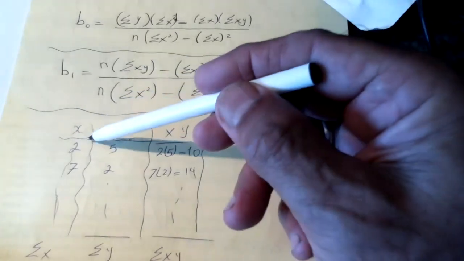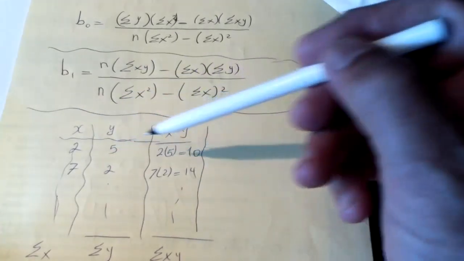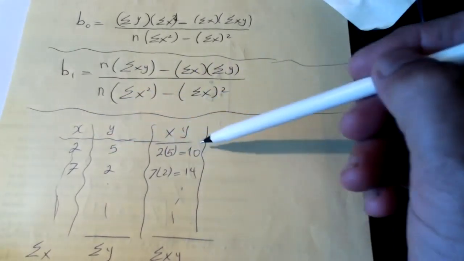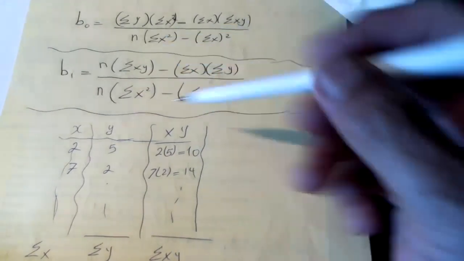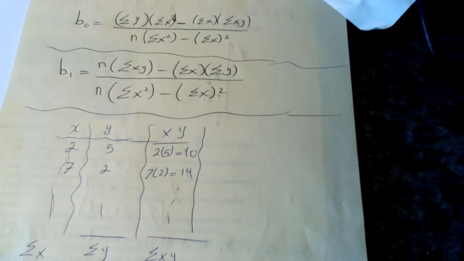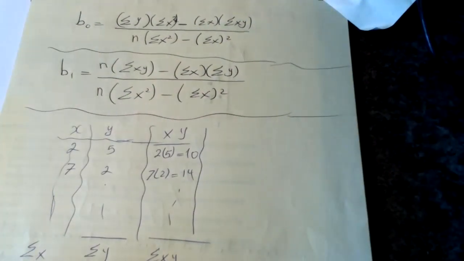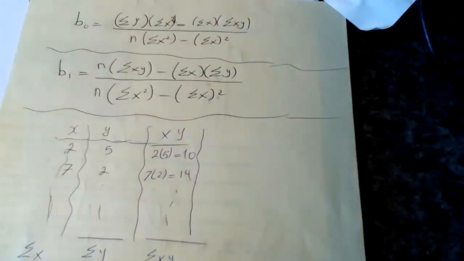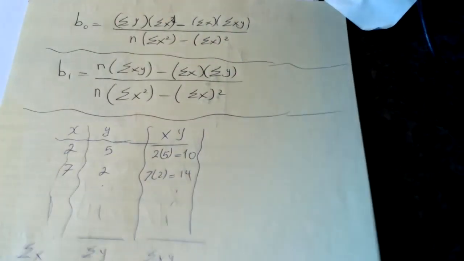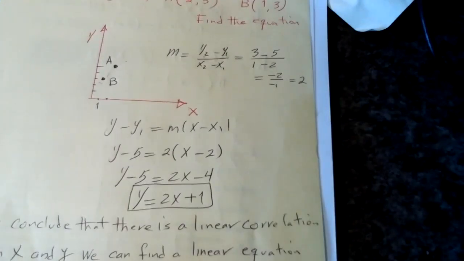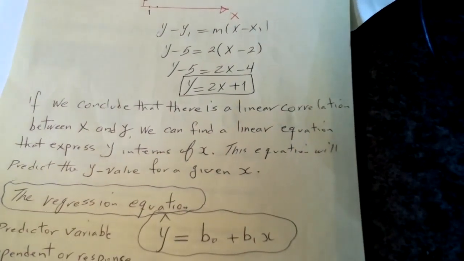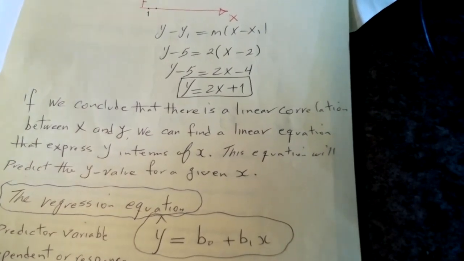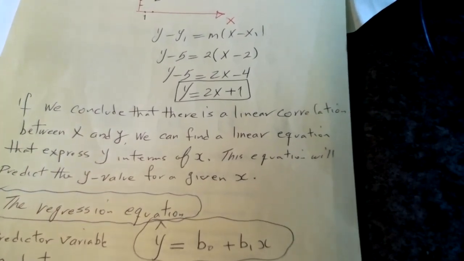So you take each x and multiply by each y, and that gives you the value of xy, and then you find the sum. And remember, we don't have to go through the hand calculation if you understand how to apply the calculator. If you use the calculator, you don't have to go through all these calculations. But I just want to show you that the regression equation is the equation of a straight line, or a linear equation.